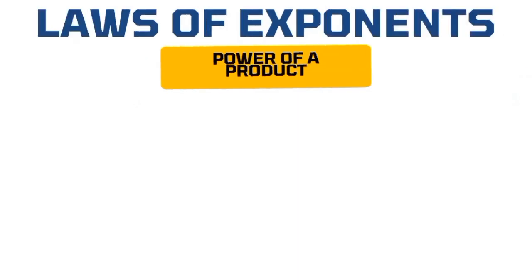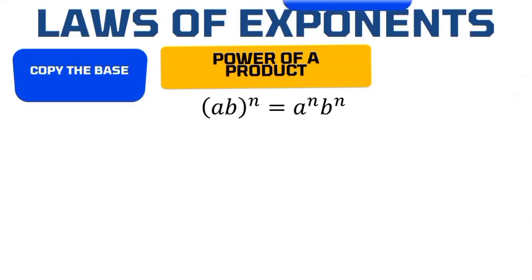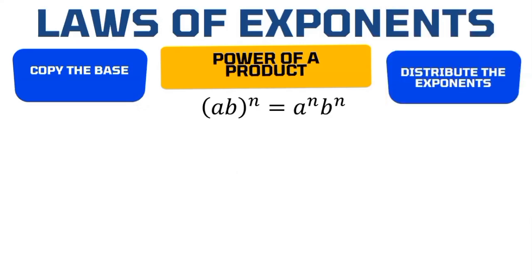And the third law is the power of a product, wherein if there are 2 or more factors inside the parentheses, all you have to do is to copy the base and distribute the exponent. So the quantity ab raised to n is equal to a raised to n, b raised to n.